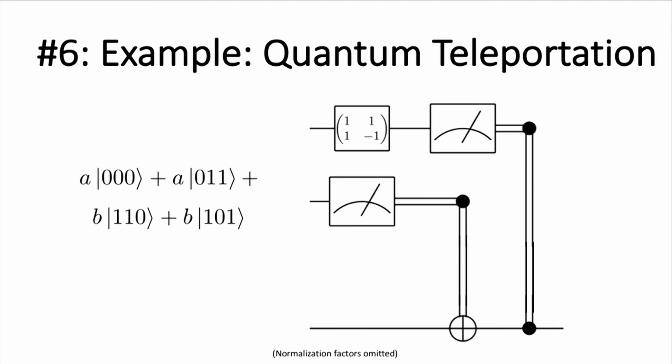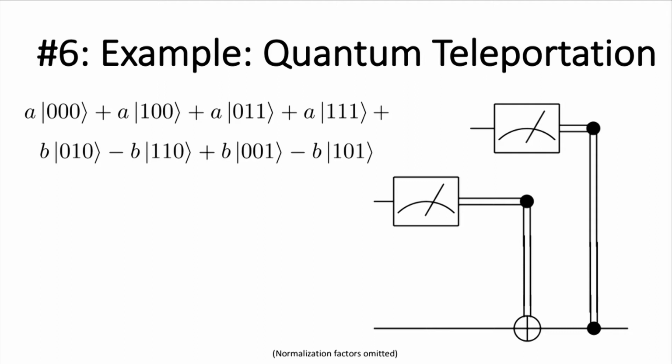It operates on the top qubit, which is the leftmost qubit in this description, turns a 0 into a 0 plus 1, and a 1 into 0 minus 1. So the number of states then doubles if we plug that in. We have 8 states.